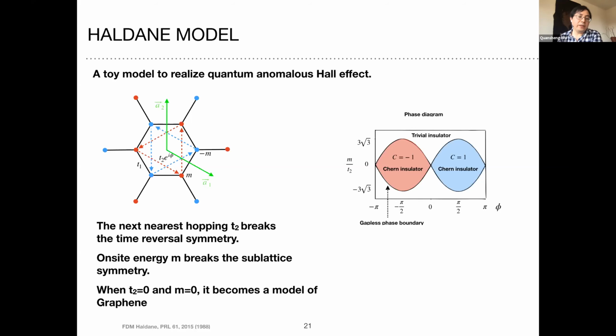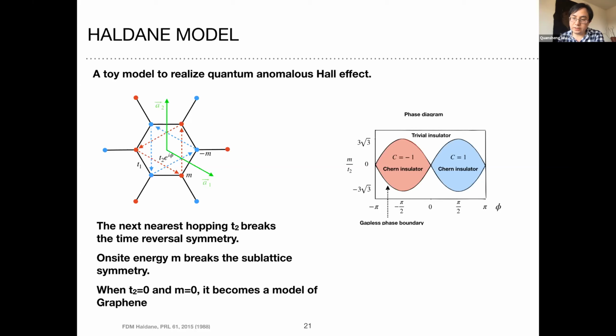We know that if the next nearest hopping and the onsite energy are 0, then it becomes just a model of graphene. Here's the phase diagram. By tuning some parameters, you will find that there are 3 phases.